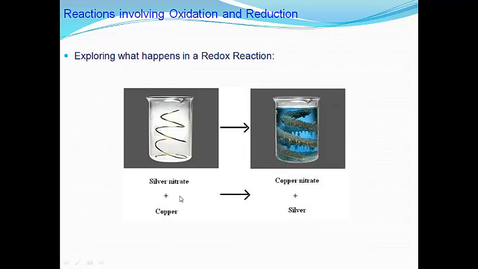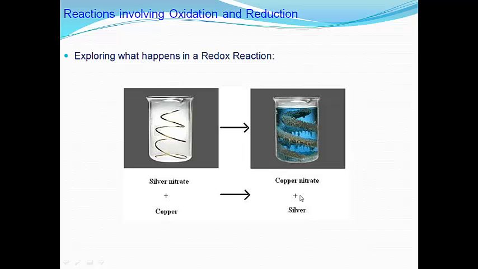Now, what is essentially happening? We start out with silver nitrate, so we have Ag+ and NO3- ions in solution, and we also have solid copper, but then we end up with a solution of copper nitrate and solid silver.